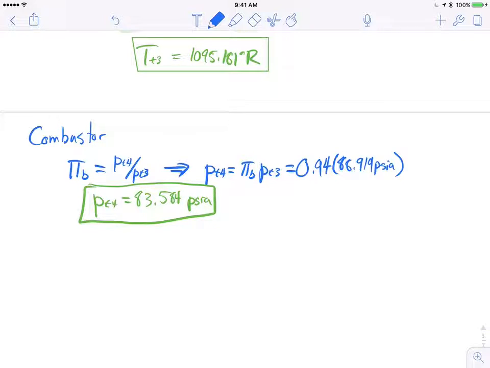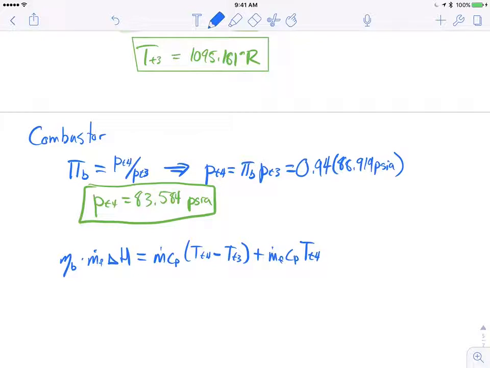So we can write that by saying that the burner efficiency times the mass flow rate of fuel times the heating value of the fuel is going to be equal to the mass flow rate of air through the combustor times our specific heat times the change in temperature of that air going through the combustor, TT4 minus TT3, plus also the mass flow rate of the fuel times the specific heat of air, if you remember our approximation, times TT4, the discharge temperature.